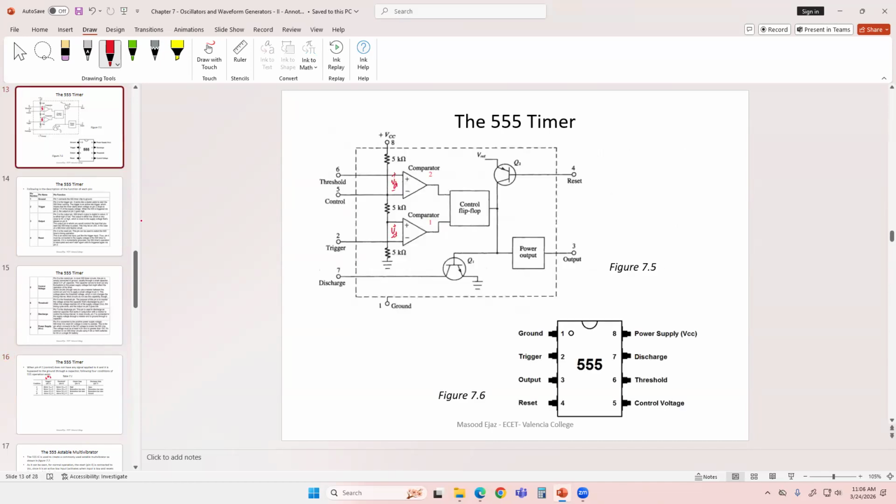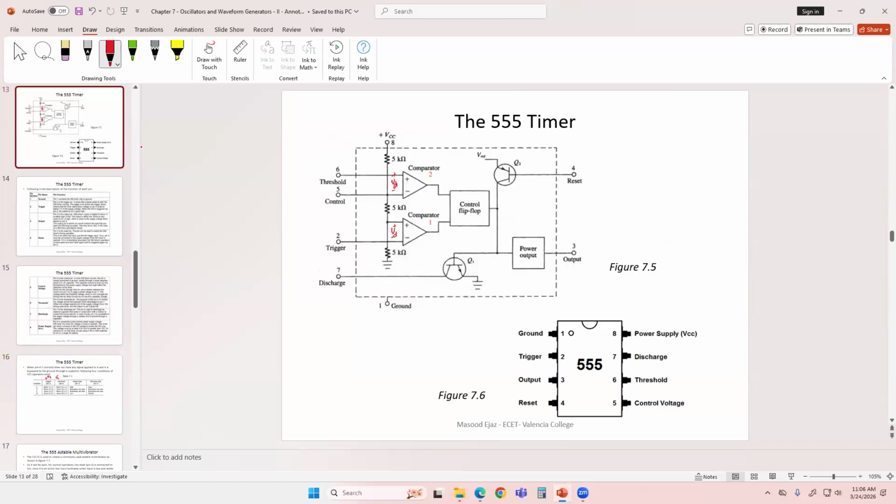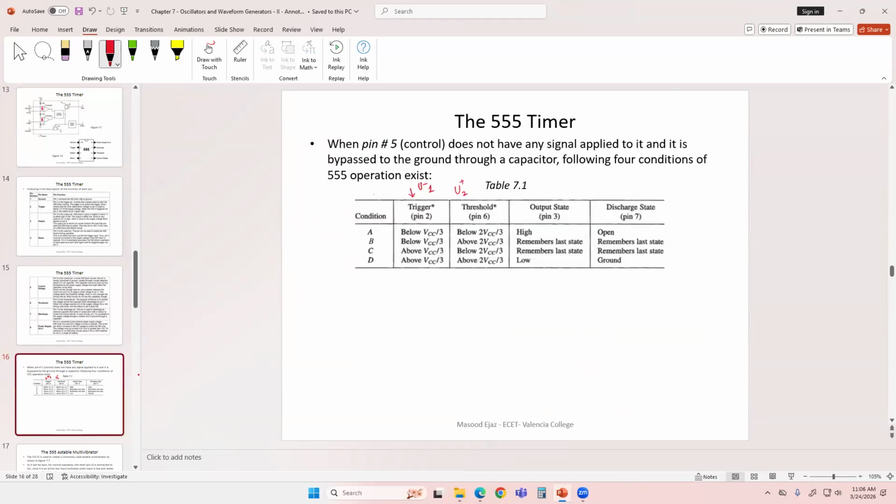Threshold is connected to the positive or non-inverting input of comparator 2. Output is pin 3 that will go between V saturation and negative V saturation. And discharge is pin number 7, which has different functions if it is left open, if it is grounded, and so on and so forth.